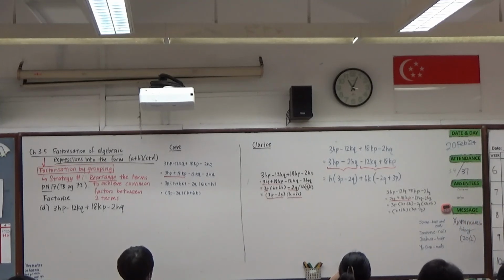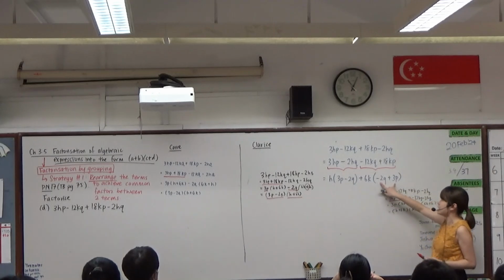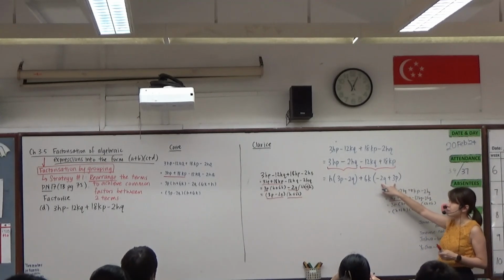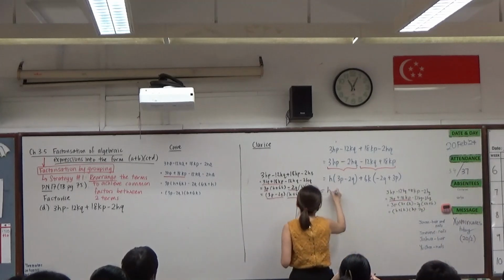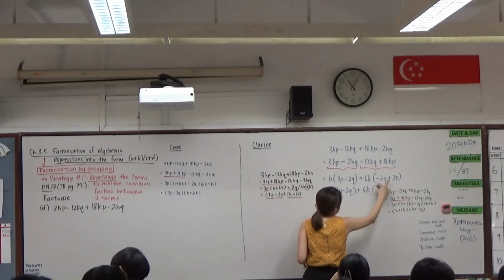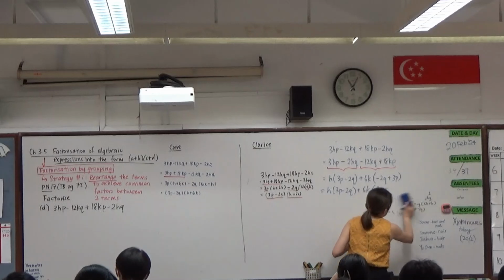Correct? And then of course we must be able to recognize that 3P minus 2Q and negative 2Q plus 3P mean the same thing, right? Maybe for some of us we don't catch that and we just write it out, then I'm just changing the order. I can write 3P minus 2Q as well.